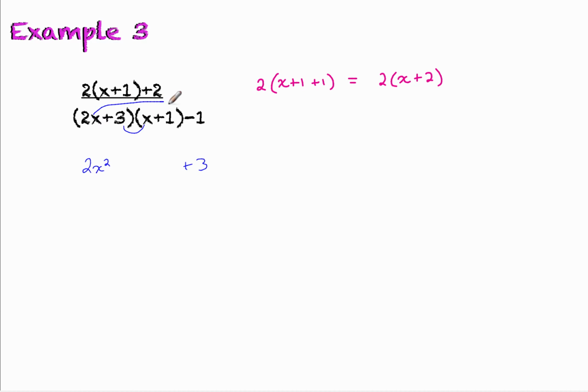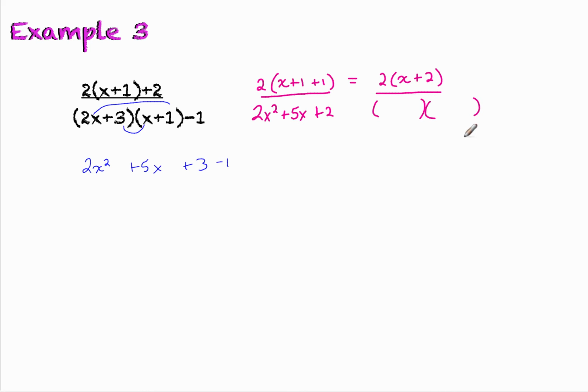Tunnel is 3x, bridge is 2x, so that gets me a positive 5x. I still have the minus 1, so when this cleans up, basically I have (2x squared plus 5x). 3 minus 1 gives me a plus 2. That's a trinomial.